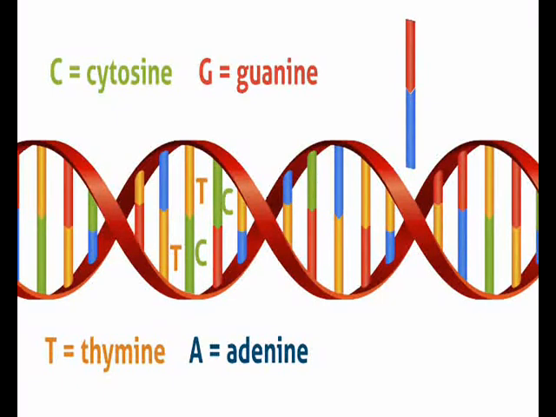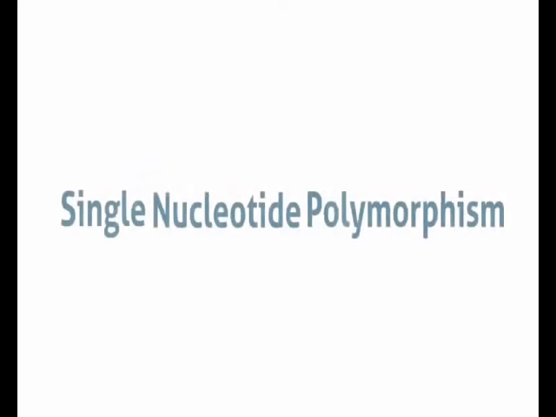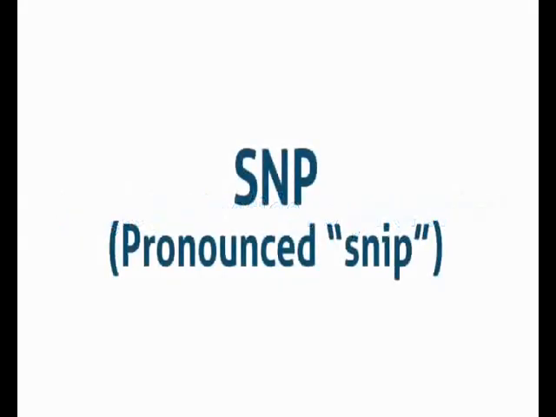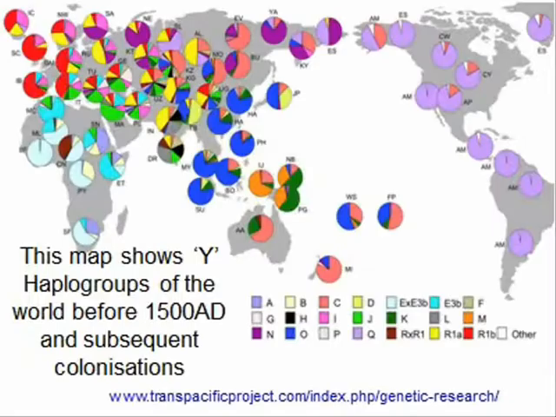If you think of a gene as a word that is spelled out in English, such as Mississippi, that might be changed to MISSISSIPPI if one of the letters was wrong. In genetics, this error is called single nucleotide polymorphisms, or SNP for short.